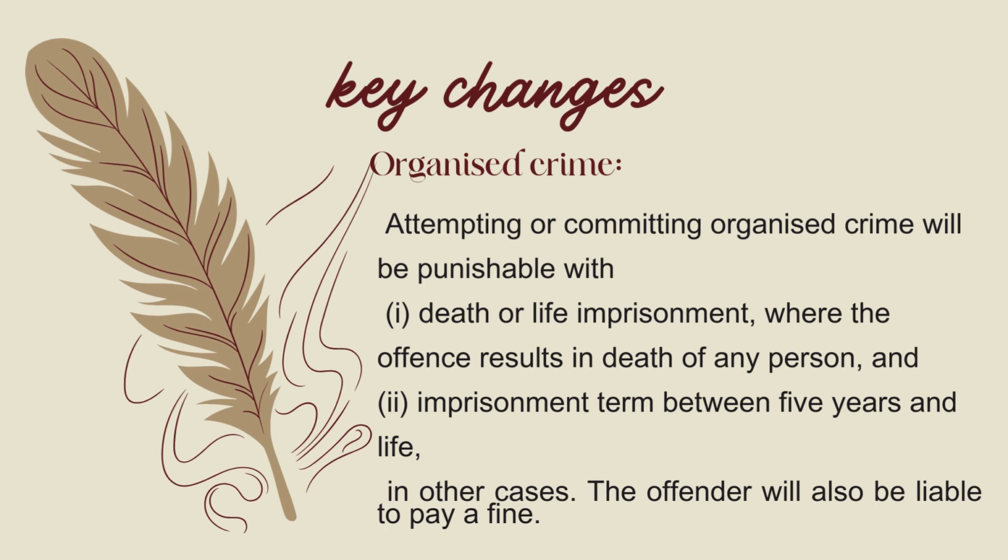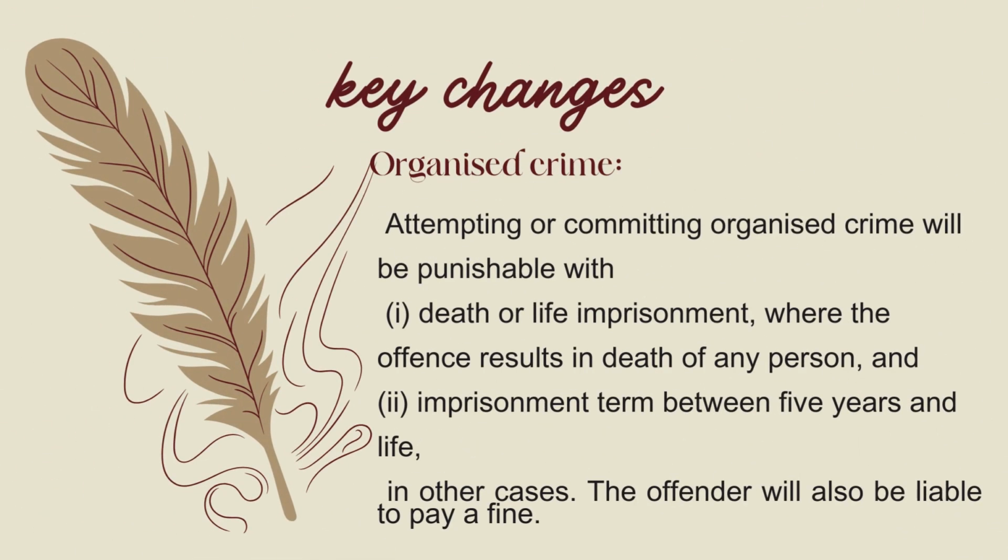So continuing to do these crimes, carried out by use of violence, intimidation, or other unlawful means, or for obtaining material or financial benefit, whether doing it in a group, individually, or under any crime syndicate. Everything is covered under this organized crime.